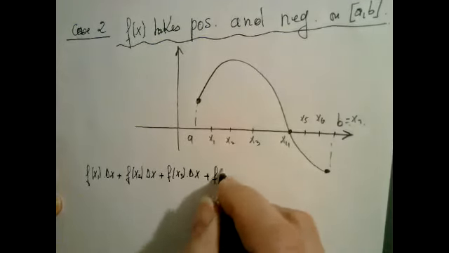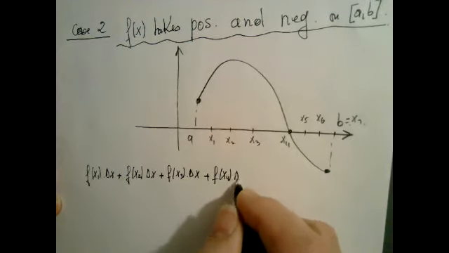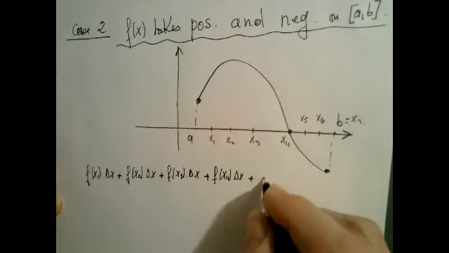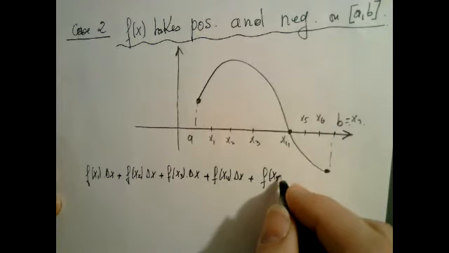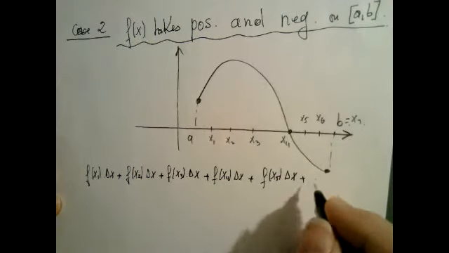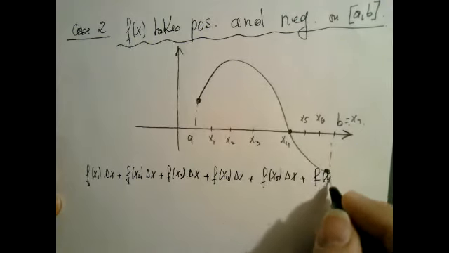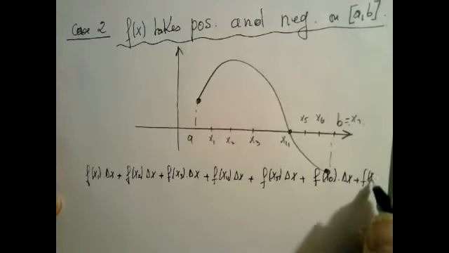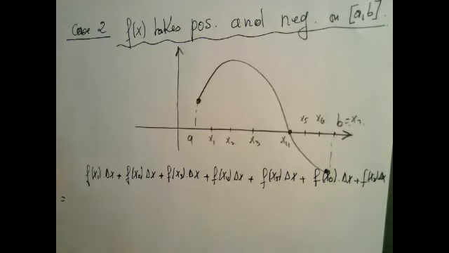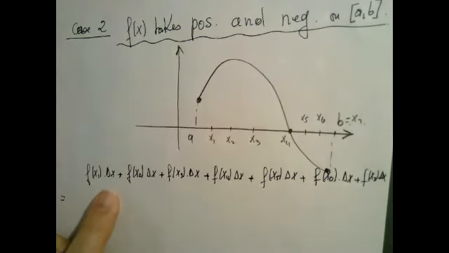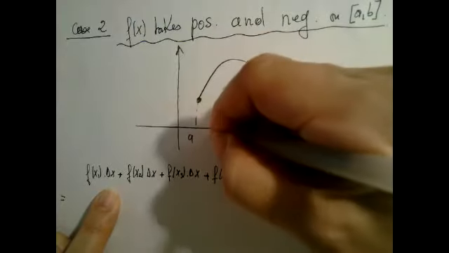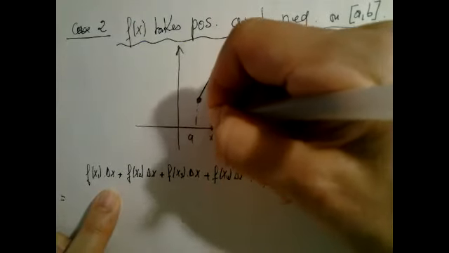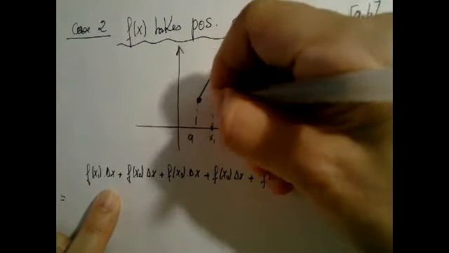f of x4, plus f of x5 delta x, f of x6 delta x, and f of x7 delta x. Let us analyze them carefully. All right. f of x1 times delta x. I go back to my picture. That's x1. f of x1 is from here to here.